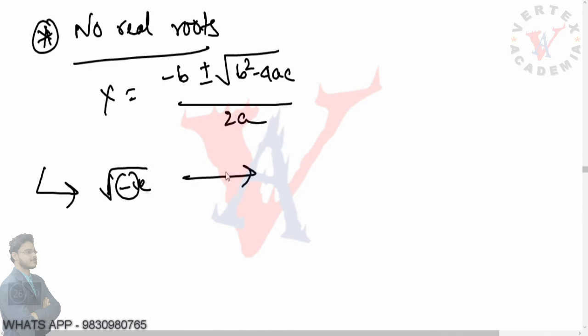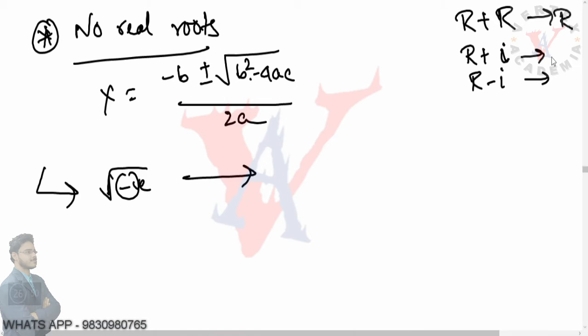So if we can get the under root to be negative, then whatever we may add, we are adding a real quantity to an imaginary quantity, which actually means an imaginary quantity. For example, if you add real plus real, you will get real. But if you add real plus imaginary, we are representing imaginary by i, or real minus imaginary, the rule of mathematics is you will get imaginary.